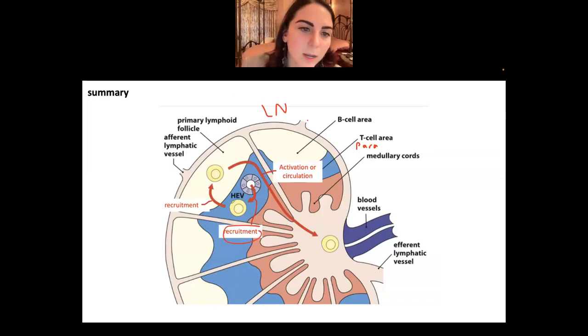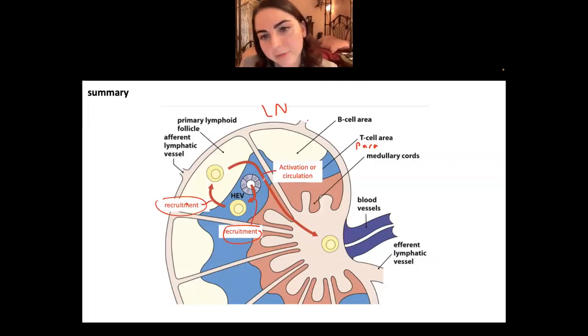It can be recruited here. Again, it depends on what cytokines or chemokines are being released to either activate it or just push it through the circulation. And then it's going to leave through the efferent vessel. Good, so it's a less busy version of this slide.